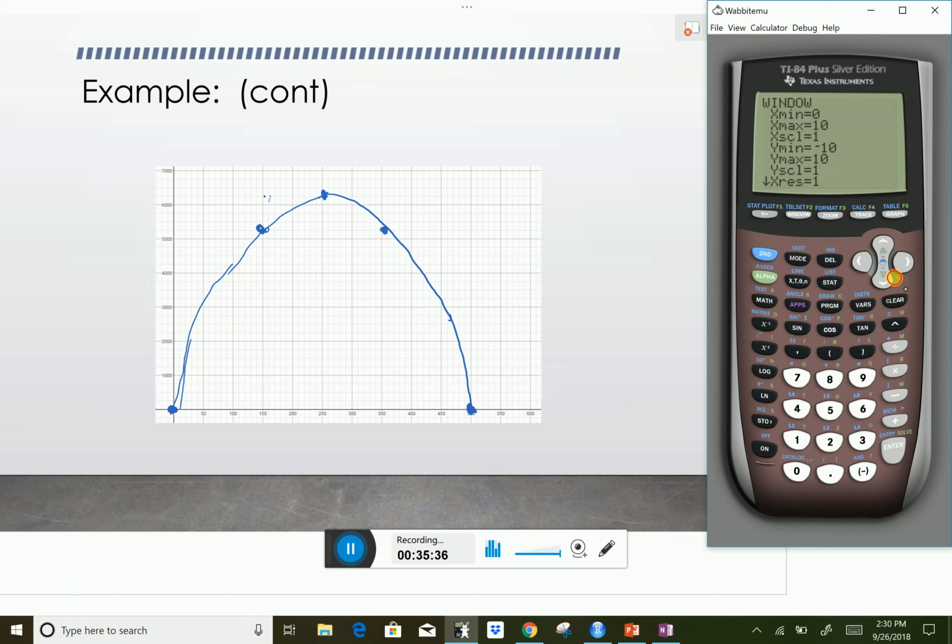X from 0 to 600, and I'm going to make the scale 100 just to make it look nice. Y min is 0, Y max 7,000. I'm going to make my Y scale 1,000 just to make it look nice. And look. Oops, what happened? Did we make a mistake?